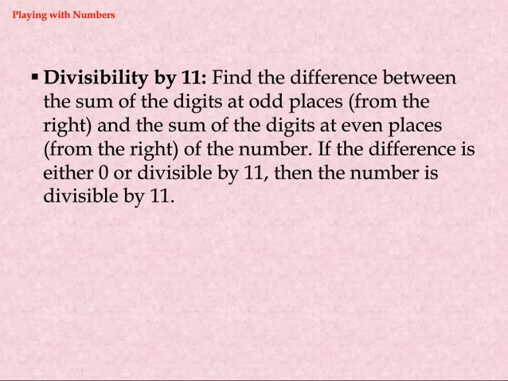Divisibility by 11, find the difference between the sum of the digits at odd places, from the right, and the sum of the digits at even places, from the right, of the number. If the difference is either 0 or divisible by 11, then the number is divisible by 11.